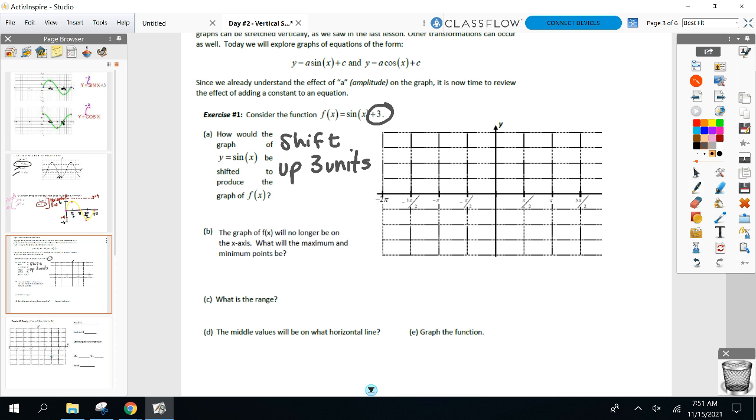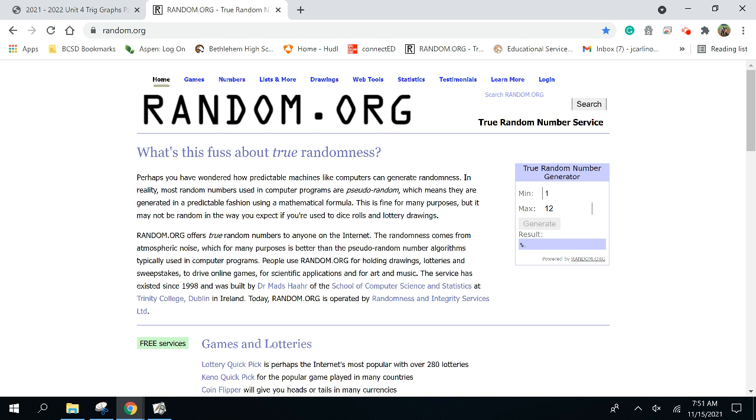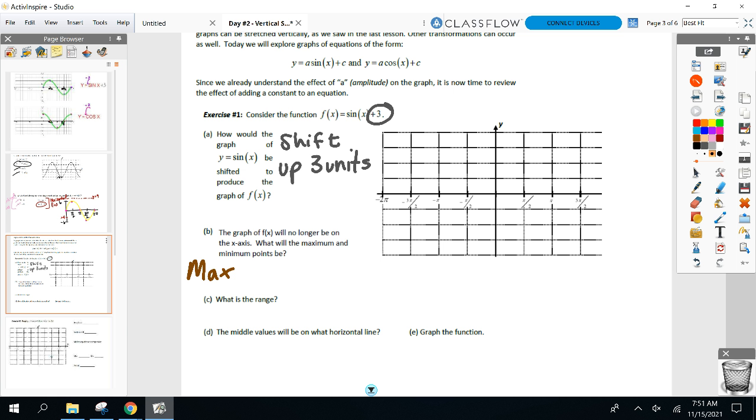So part B, what will be the maximum and minimum points now? Don't say anything, I want you to think about it. What was my old maximum before I shifted it? I cover up the 3 here. My old max was 1, but what happened to all the points?